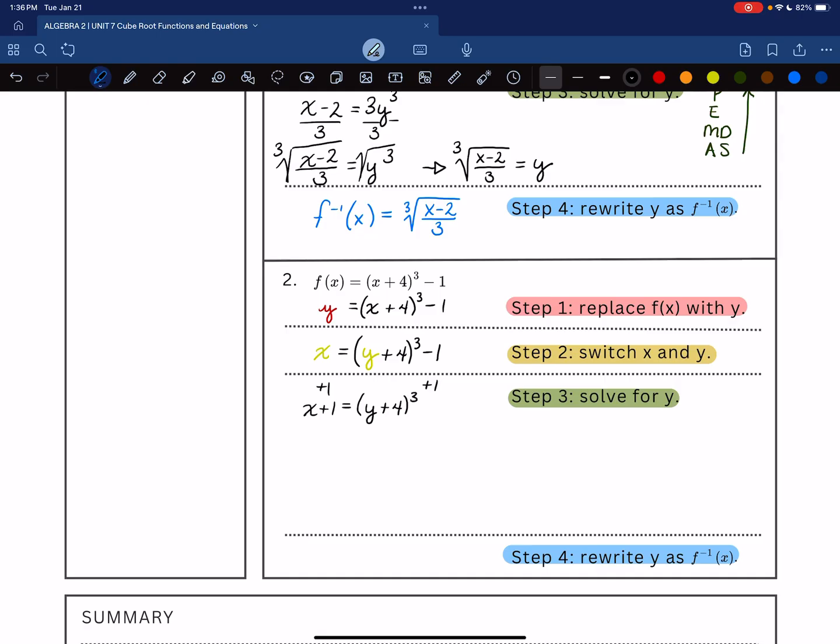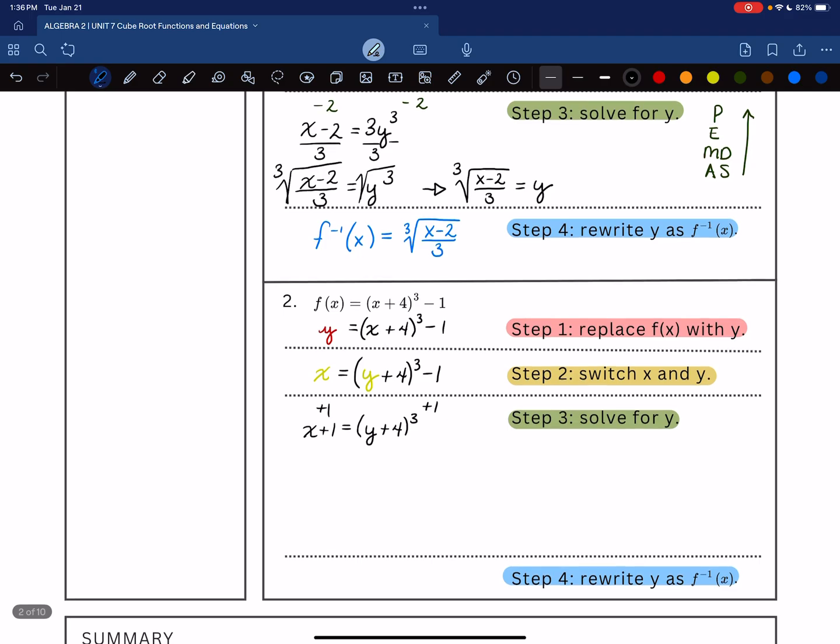Now, notice that my addition of 4 is inside of the parentheses. So I actually cannot undo that operation inside of the parentheses until I've actually undone the fact that this quantity, the y plus 4, is being cubed. So what I actually need to undo next is the cubing. I'll do that by doing the inverse operation, which is to take the cube root on each side.